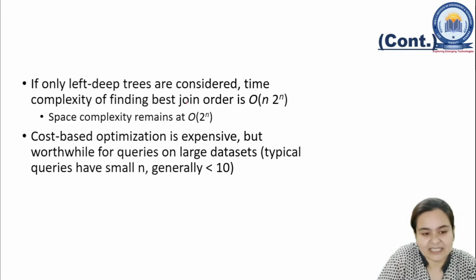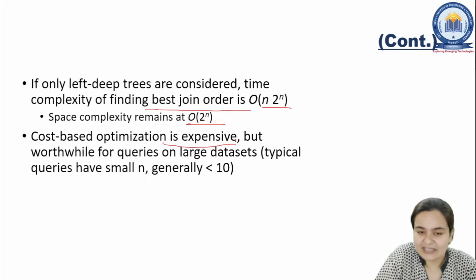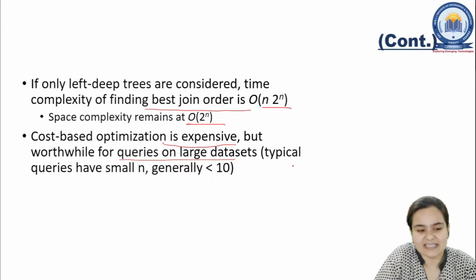If the left-deep tree is considered, the time complexity of finding the best join will be of order n times 2 to the power n, and the space complexity, that is the memory required to store that, will be order of 2 to the power n. So cost-based optimization is actually expensive, but it is worthwhile for queries on large data sets, and typically the query has a small n, generally less than 10.